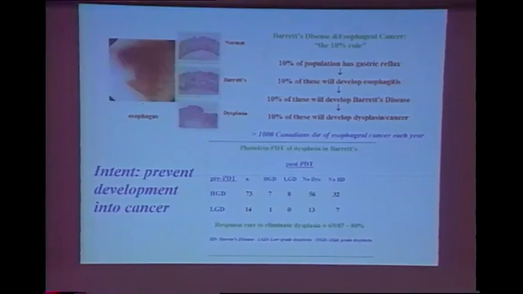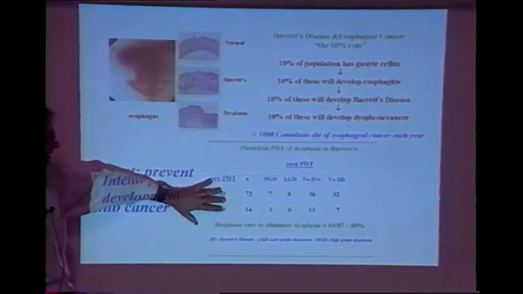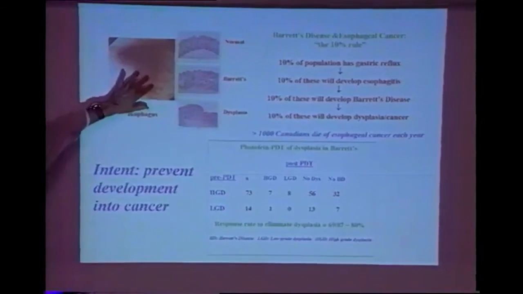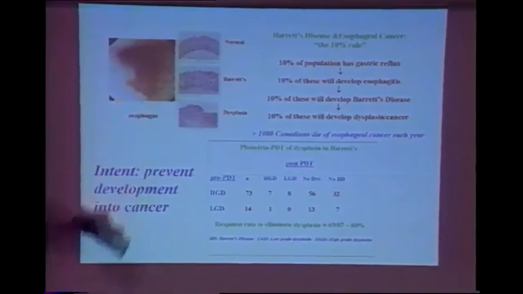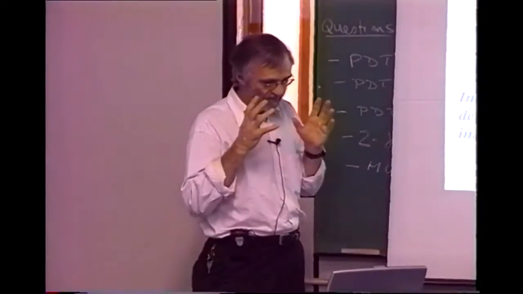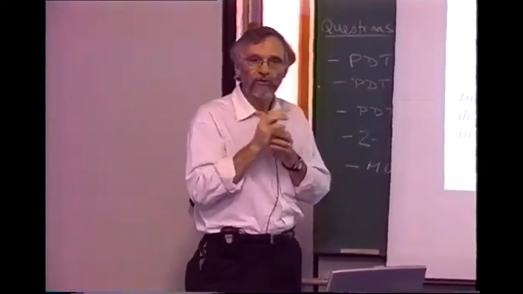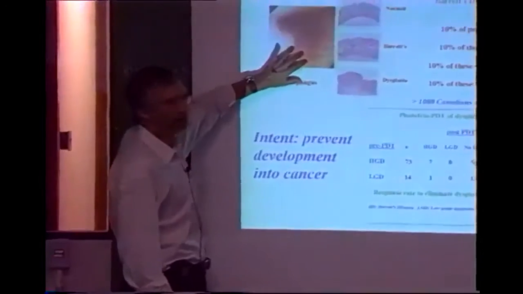else. Two controversies. One is, if you had this condition with no dysplasia, would you want to have PDT to treat the Barrett's? So, question number one. And the second question, which is also a big topic for conversation, is that there is one report in the literature where this treatment was given.